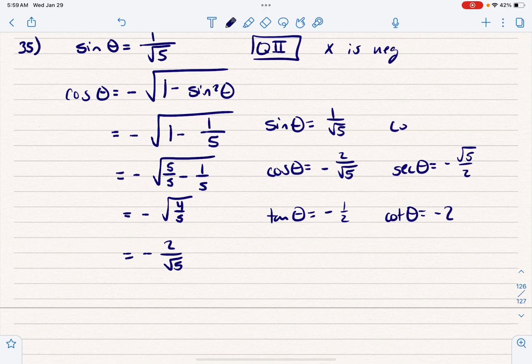And lastly, cosecant theta is equal to square root of 5. All right. I think those are pretty straightforward. I'm hoping that at this point you're moving through these quick enough that you're just as fast this way as you are with x squared, y squared, and r squared. We're going to take a look at the other two Pythagorean identities in just a minute. But right now, we'll be done with this video.